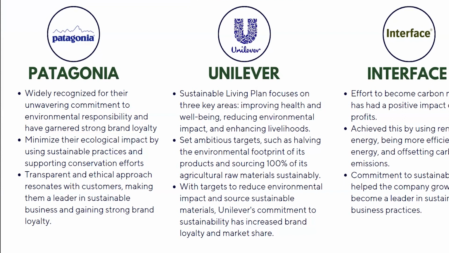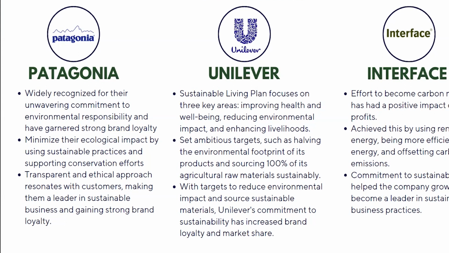Now we have Unilever. It is actually one of the world's largest multinational consumer goods companies. They have a variety of brands such as Dove, Ben and Jerry's, and more. And with Unilever, they have a sustainable living plan.